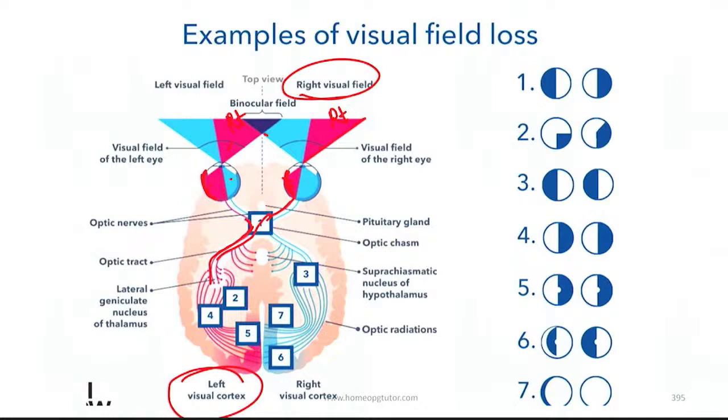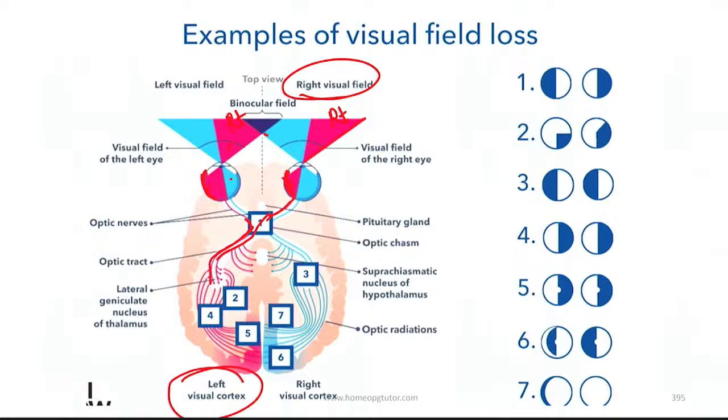If you see the figure with the color, you can differentiate. Mainly the crossing occurs; the visual field itself crosses. So while doing an examination, if you see the person is not able to see anything on the right side, that means the left side is affected, the left occipital lobe is affected.